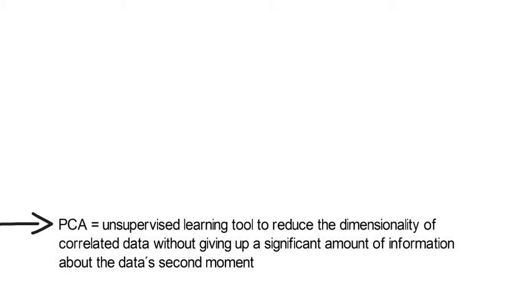Now, in a nutshell, PCA, the short version for principal component analysis, is an unsupervised learning tool to reduce the dimensionality of correlated data without giving up a significant amount of information about the data's second moment.